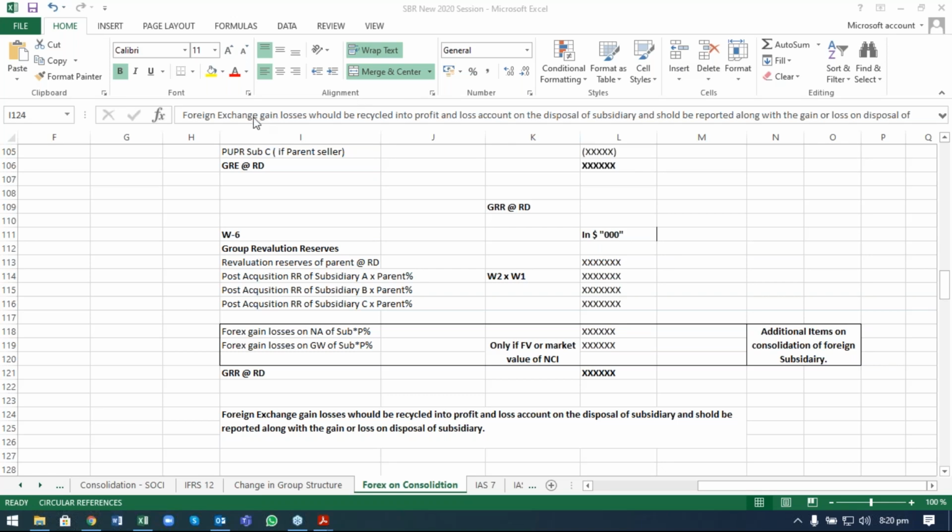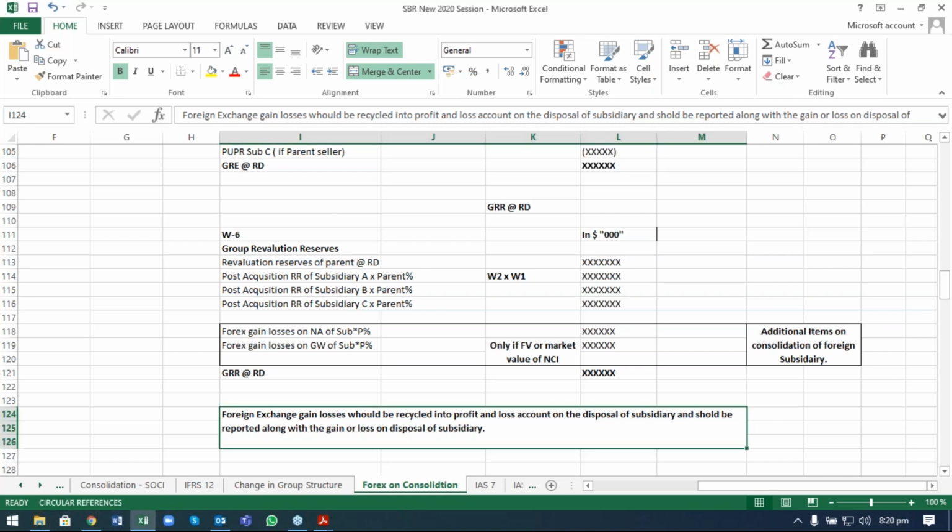Why do we use full goodwill or partial goodwill? Any logic? Okay, that's a very good question. Anyone else have concern about why we are using full goodwill method or partial goodwill method? Full goodwill is used when you have the fair value of NCI available, and it should be used in priority.